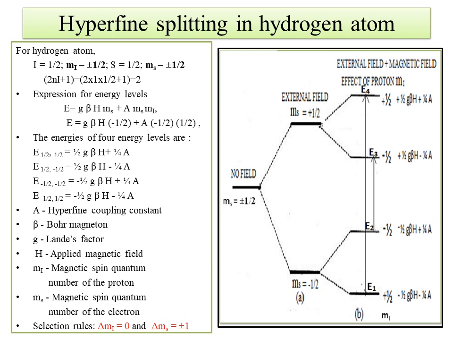Let us see the hyperfine splitting in the hydrogen atom. For the hydrogen atom, there is a single unpaired electron. So S is equal to half, and MS equal to plus or minus half. For the hydrogen nucleus, I value is half.